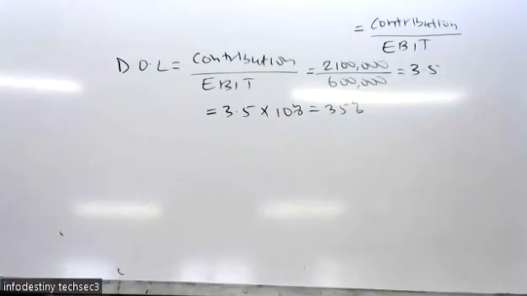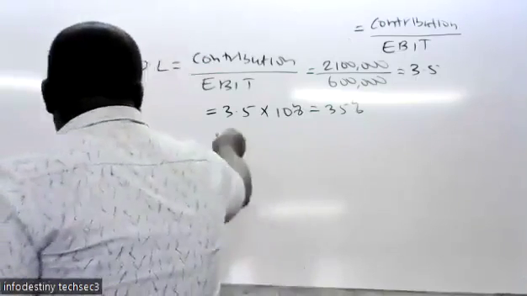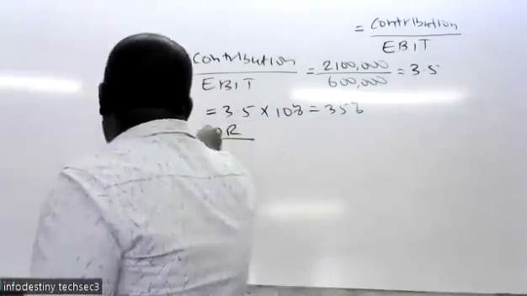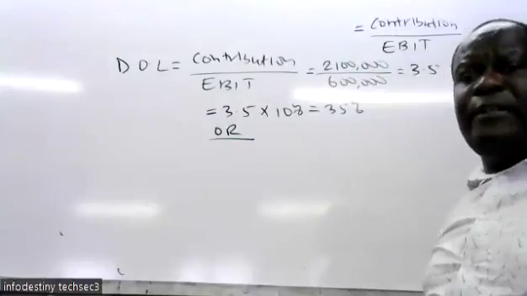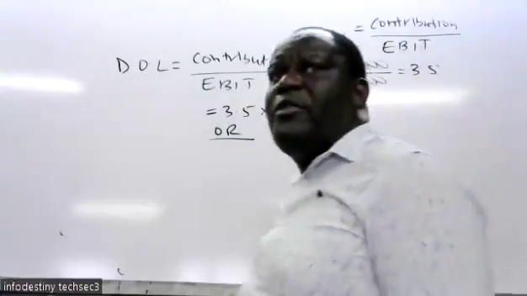But I can also do it without the concept of leverage. Let us now do the same without leverage. When there is no leverage, what you need to do first is to calculate the variable cost ratio.